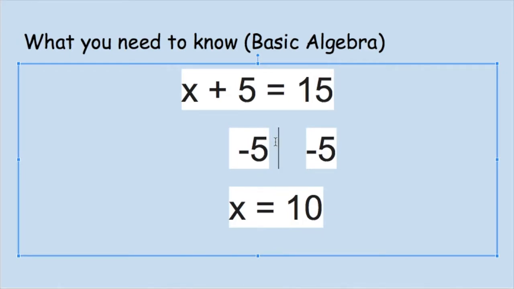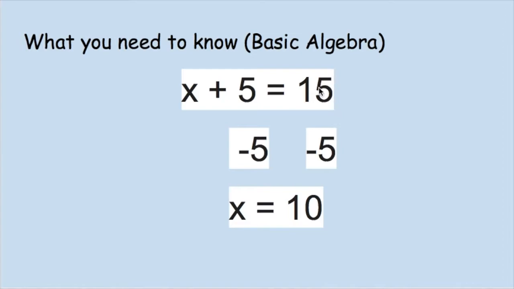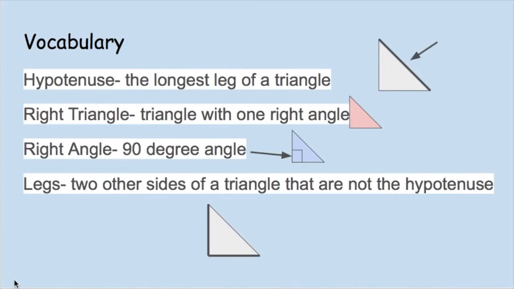In order to keep it equal on both sides, we have to do the same thing on both sides of the equal sign. So, positive 5 minus 5 is 0, which leaves us with x on the left side. And 15 minus 5 equals 10. Therefore, x equals 10.